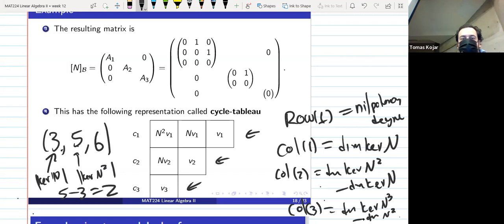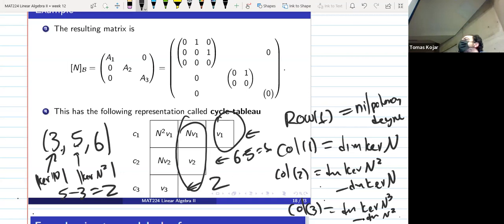So you get 2 elements there. And then in the next one, you do 6 minus 5, which is 1. So that's how you find the number of boxes.